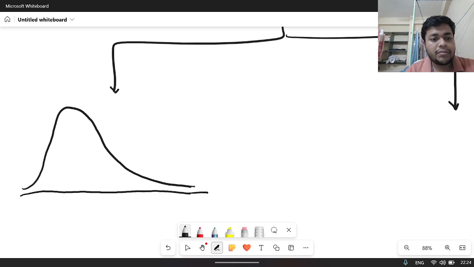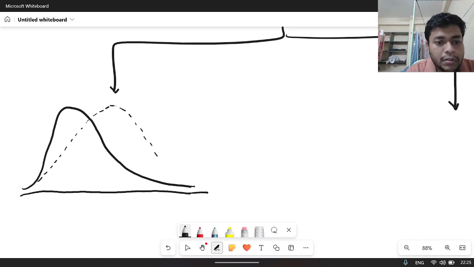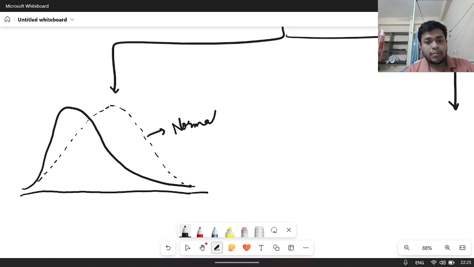This can be a graph. What should have been the normal distribution? Normal distribution should have been somewhere like this, the dotted one. This is the normal. But here we have this graph.